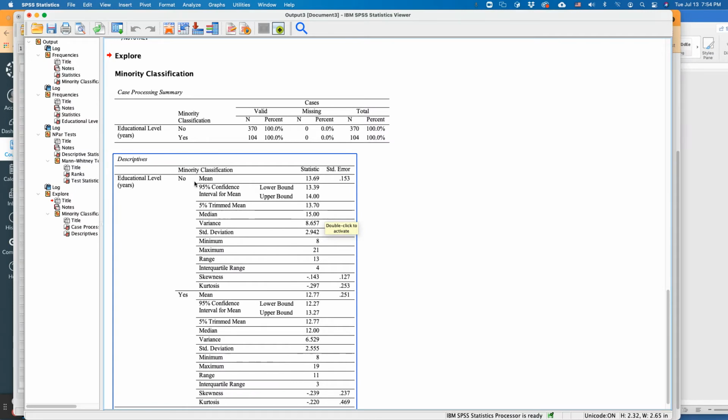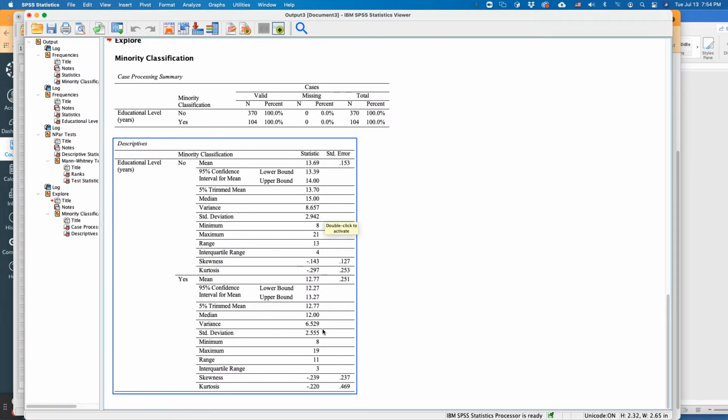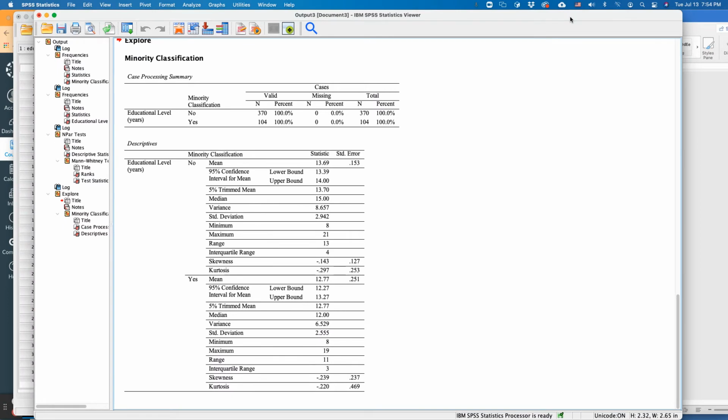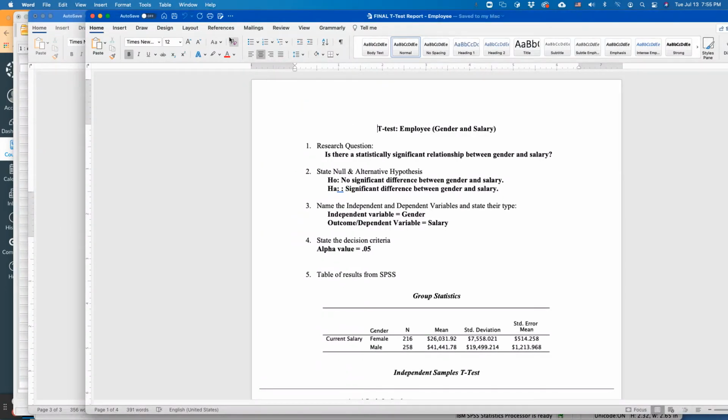So minority, no: these are not minorities. They have a median of 15 years of education, and those who are minorities, their median years of education is 12.